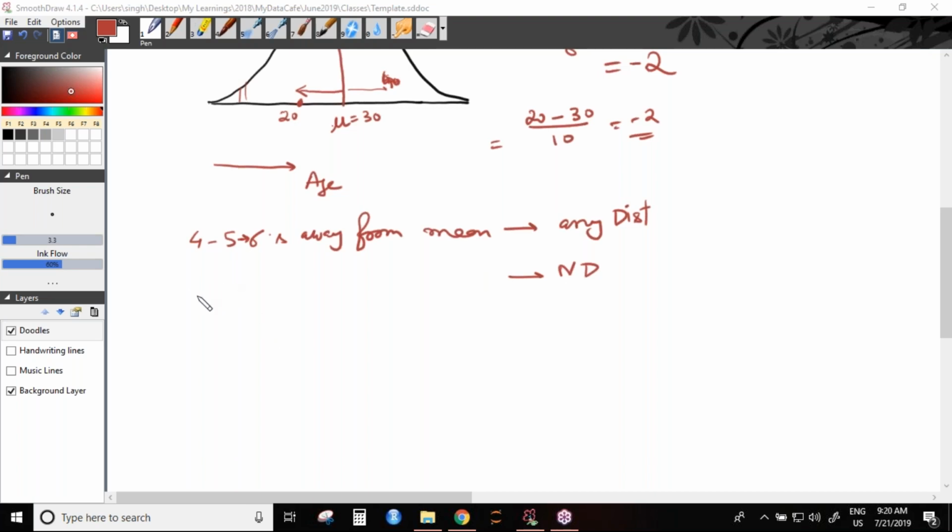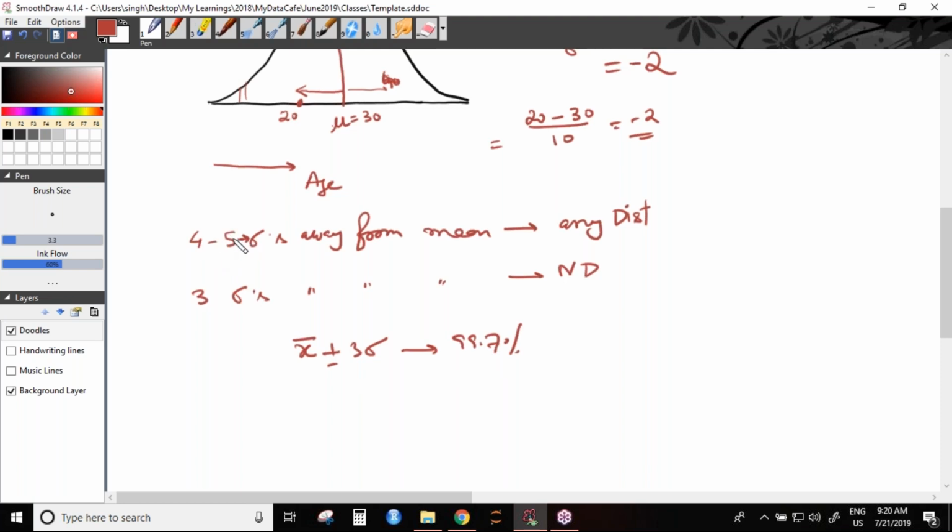So for a normal distribution, it will be 3 standard deviations away from the mean, because we know that if you go x bar plus minus 3 sigma, you get 99.7%. So this is almost everything, right? So for a normal distribution, this range reduces.